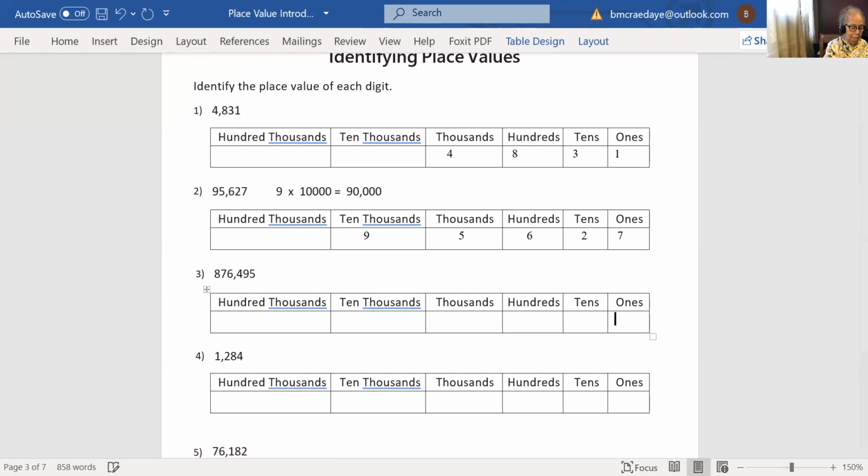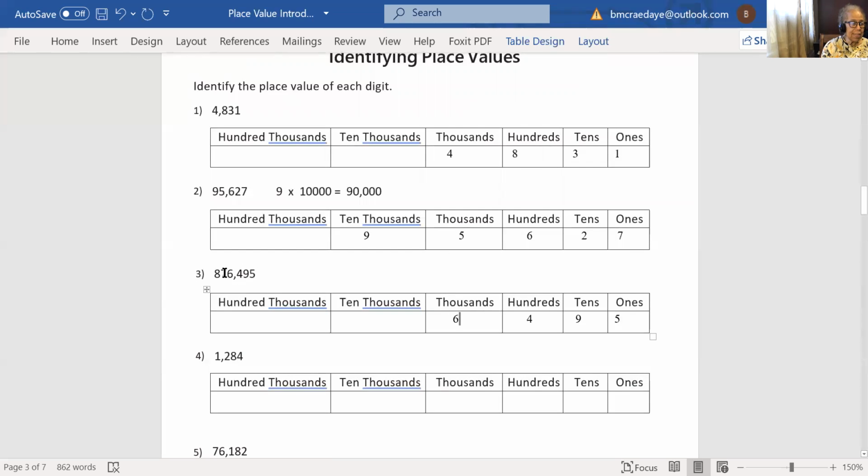So we put 5 in our ones box. 9 represents the 10. So we put a 9 in our 10 box. Okay, now this 4 is the hundreds place. So we have 4 hundreds. So we put 4 for the hundreds. And then 6 represents thousands. So we put 6 for the thousands.